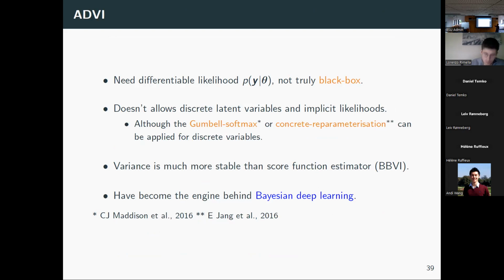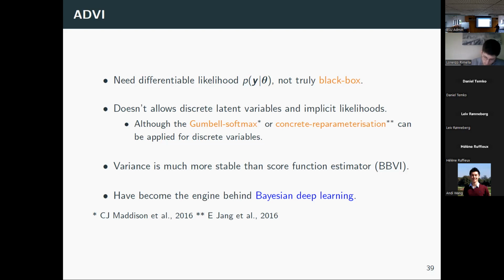There have been some papers on that. You want to differentiate through a categorical variable because your latent variable is discrete, and obviously you cannot differentiate, so you need a continuous reparameterization or continuous approximation to a discrete distribution. That makes it possible to apply this.